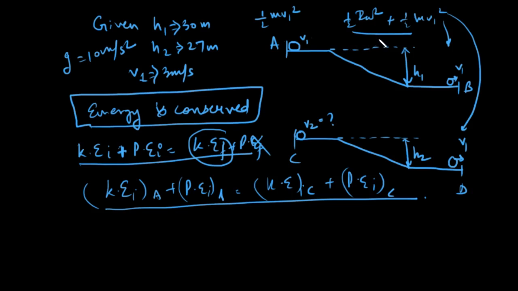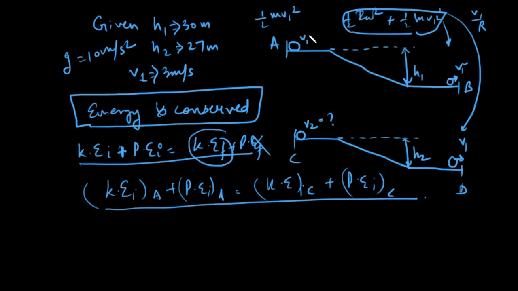This is the final kinetic energy of the disc, and these are the same for both the discs, because after reaching point B, the velocity is v1. So omega would be equal to v1 by r, and here also omega would be equal to v1 by r.